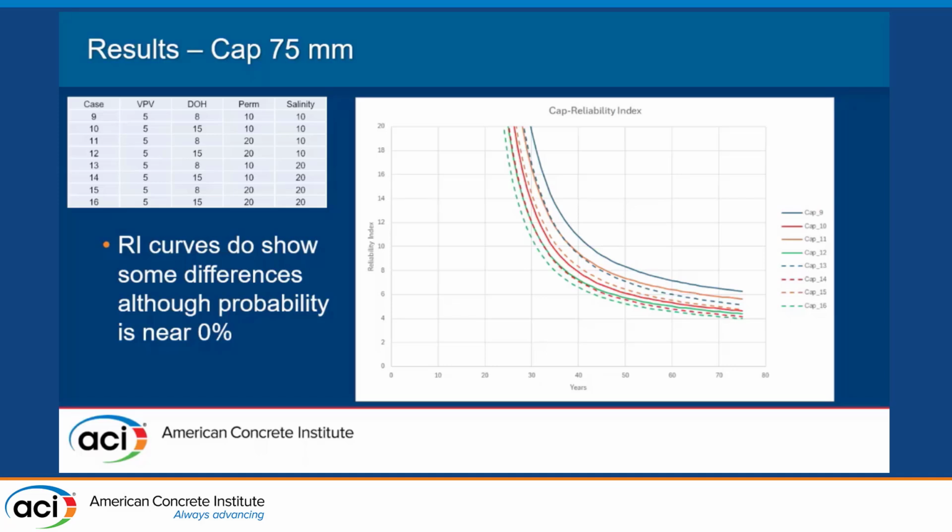It's just to show you that you shouldn't necessarily use those numbers, because these represent different interpretations of 0%. It's just the number of digits after the decimal that changes. But we did calculate something. It's just that we really have a very low probability of corrosion, and it can be assumed as 0.